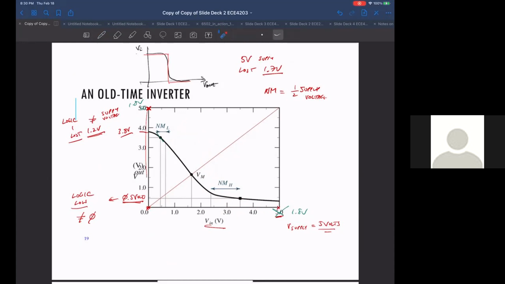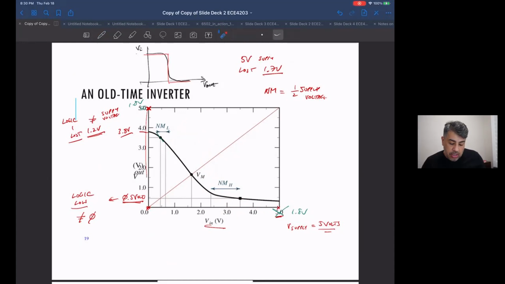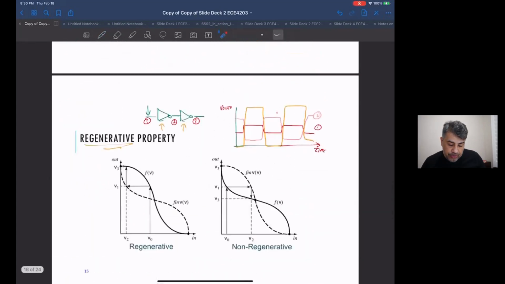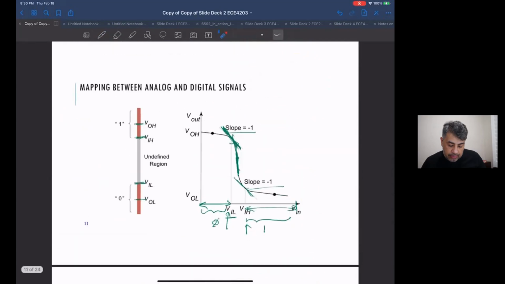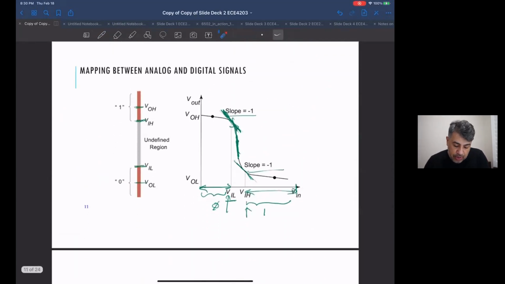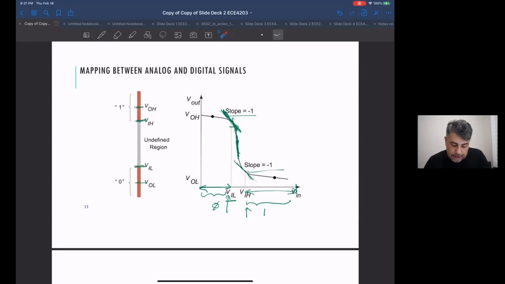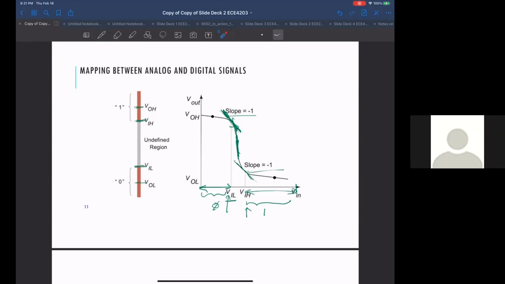But anyway, look at the -1 slopes, and that'll tell you V input low and V input high. Those values are just directly the Y value at that point.